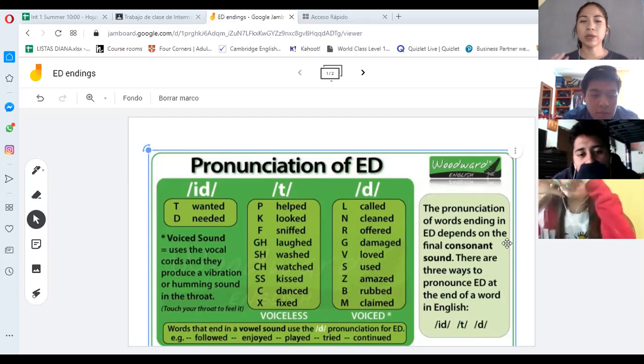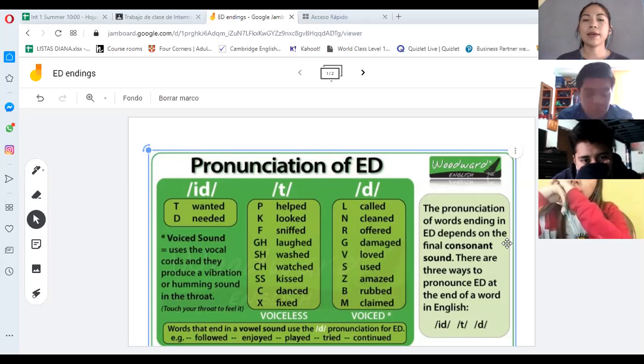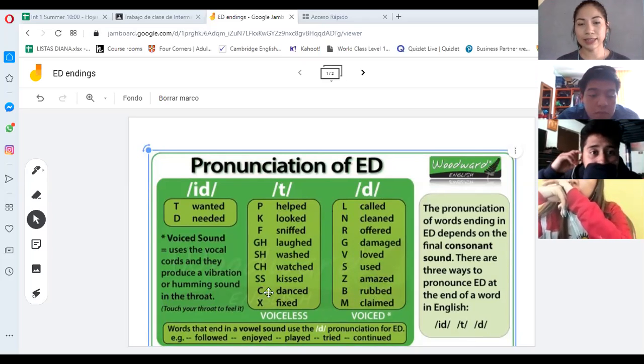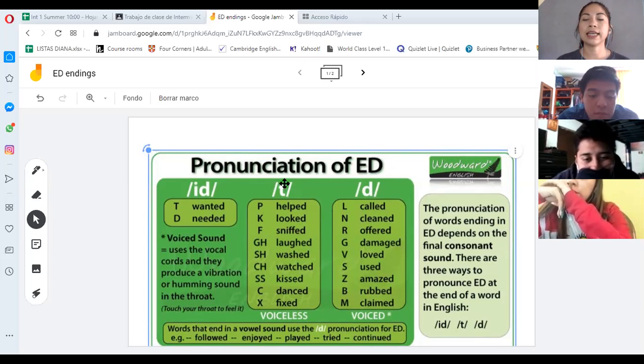It sounds very complicated, but it is not. When you have a last consonant that vibrates, you pronounce it as D, okay? If you have a consonant that doesn't vibrate, you pronounce it like T.